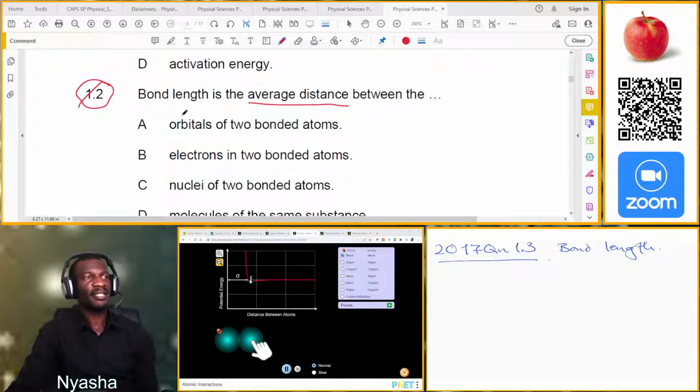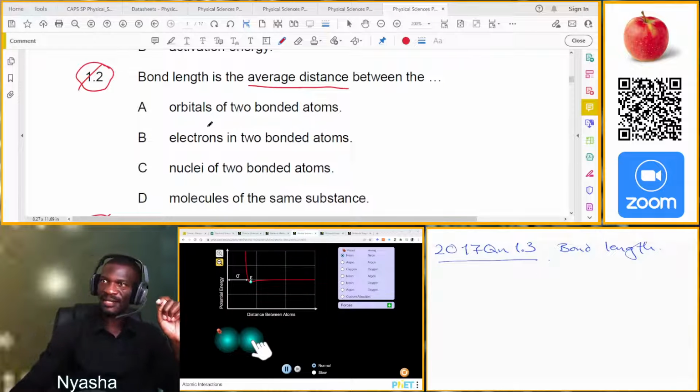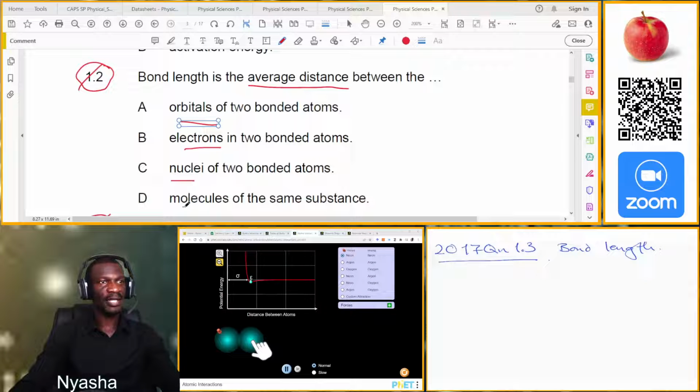In the 2018 question, it was asking us the bond length is the average distance between what? We had all these options: orbitals, electrons, nuclei, and molecules. And we agreed that it's in between two nuclei.